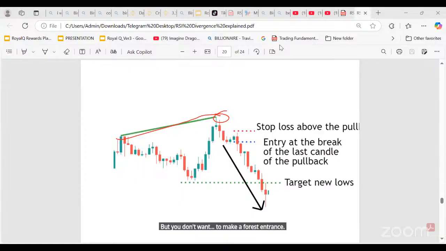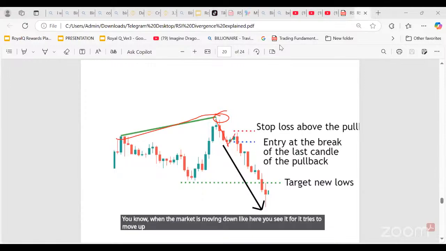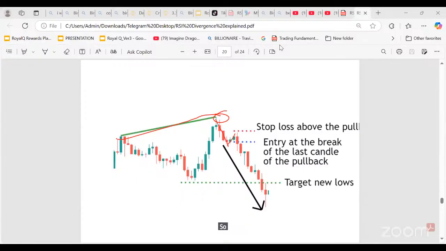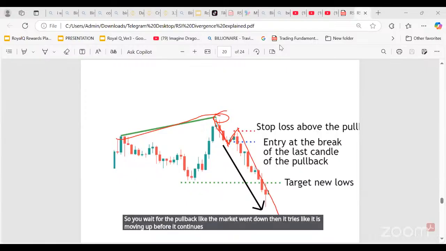This is very important. When the market is moving down, like here, it tries to move up before it continues going down. So you wait for the pullback. The market went down, then it tries to move up before it continues to the downside.